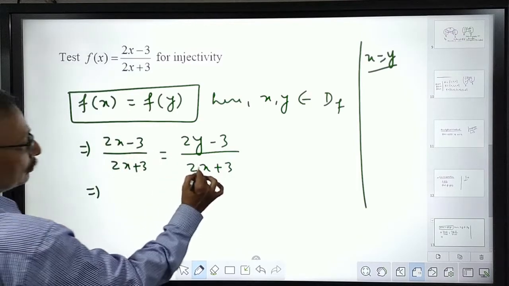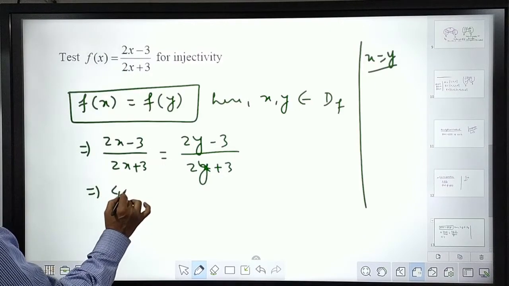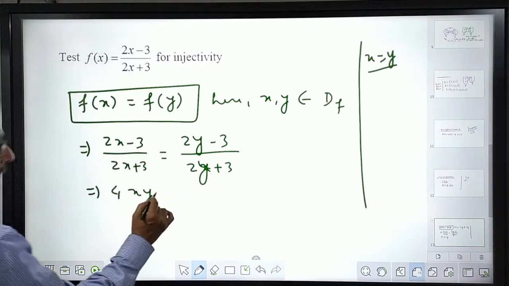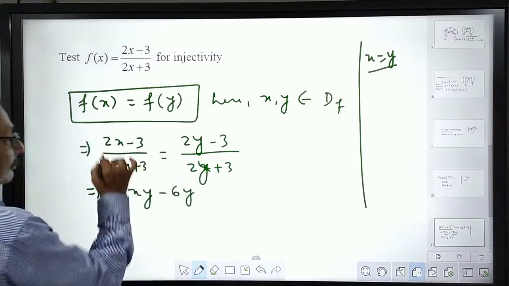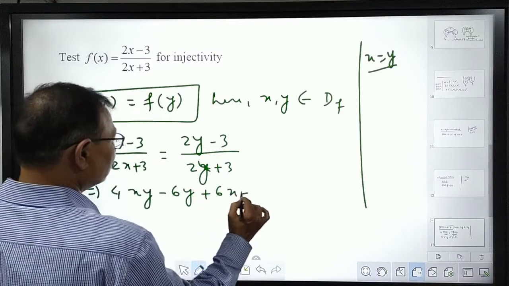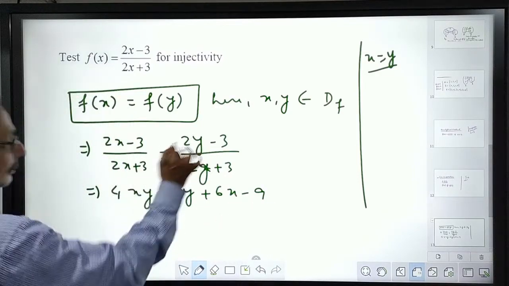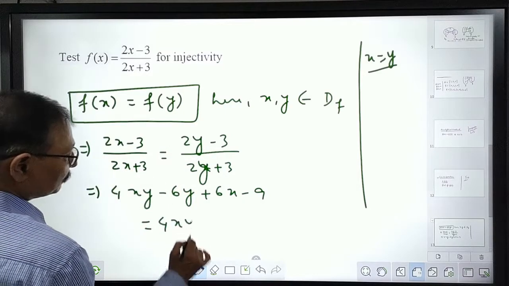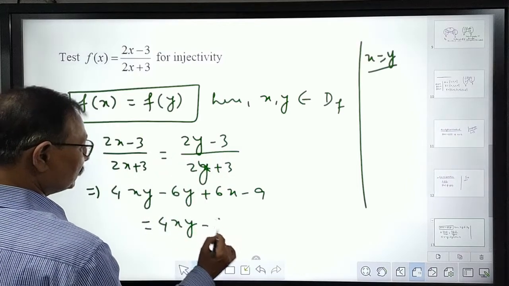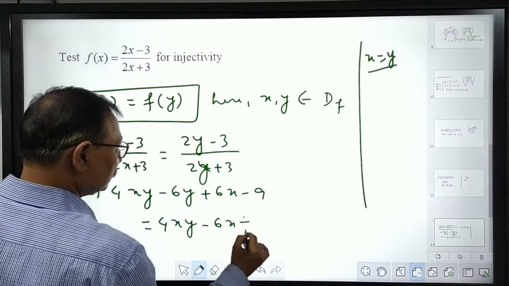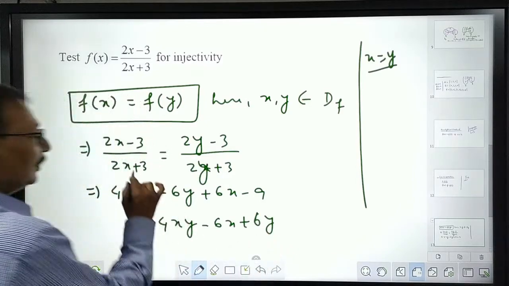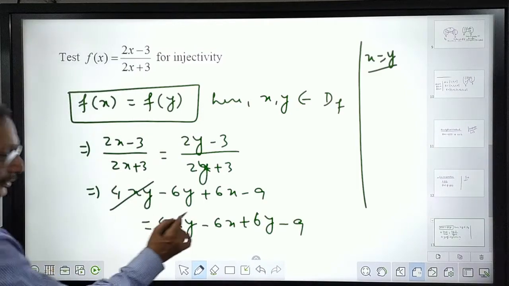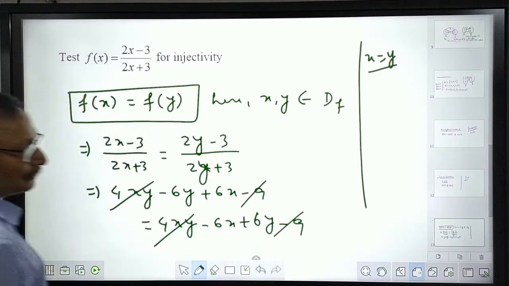So if these two are multiplied, then we got 4xy, multiplying by this 2y to these two, minus 6y, and by this one 6x minus 9, and this is equal to, when we multiply this 2x plus 3 to this one, then we got 4xy minus 6x plus 6y minus 9.